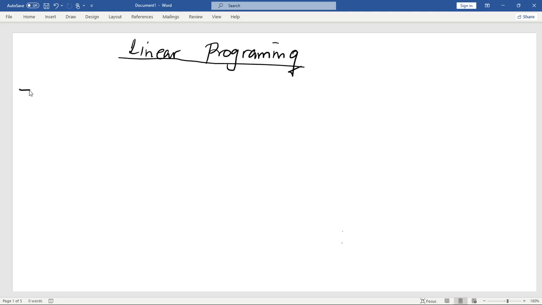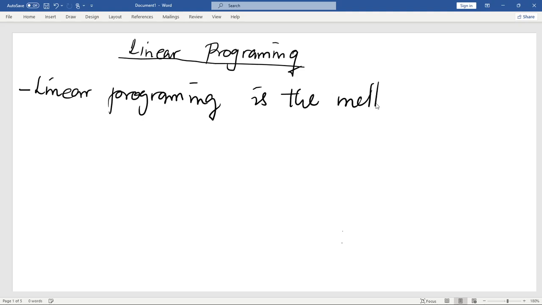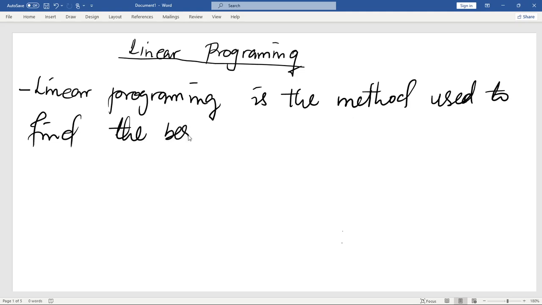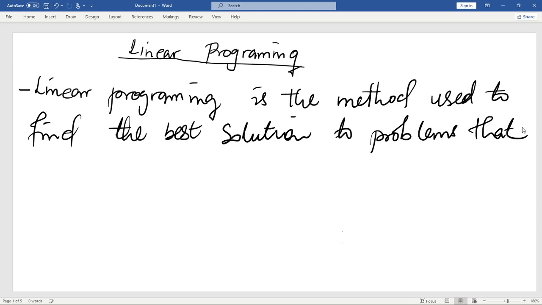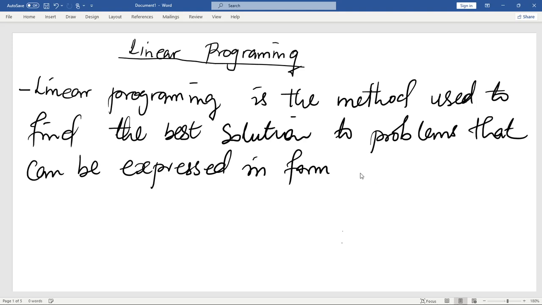So here we're saying linear programming is the method used to find the best solution to problems that can be expressed in form or in terms of linear inequalities.